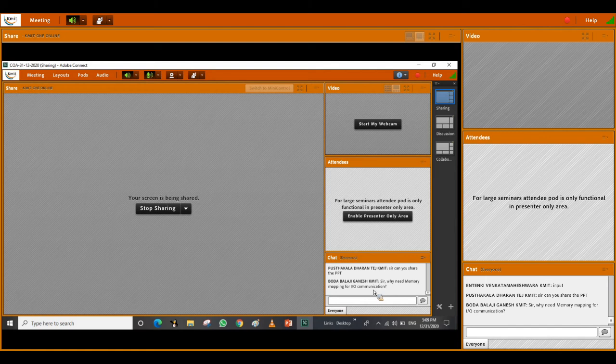This communication is mainly for the data from the peripheral devices. We can transfer the data between the CPU and the IO device.